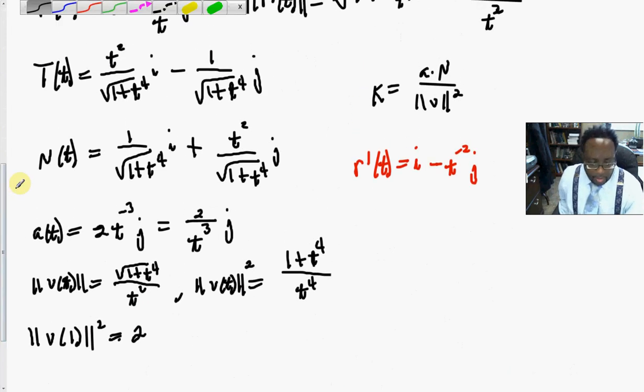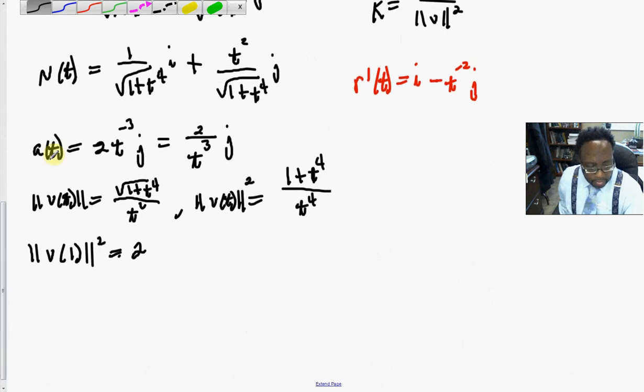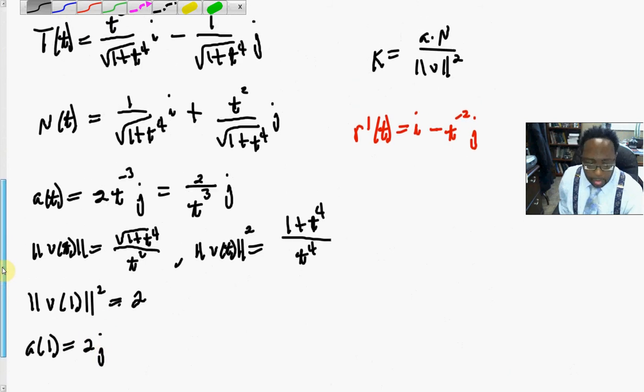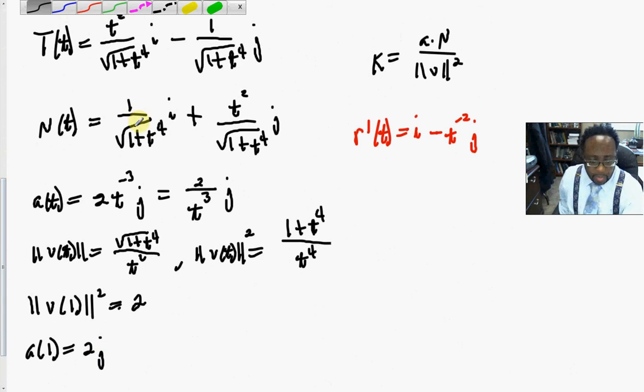Now the acceleration evaluated at 1, I have the acceleration here, so the acceleration at 1 is 2j. The normal vector evaluated at 1 is just 1 over the square root of 2 i plus 1 over the square root of 2 j.